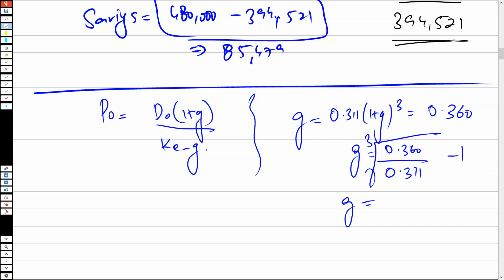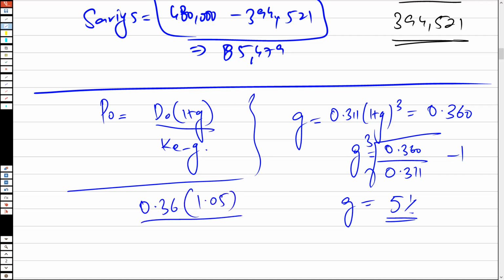4.99%, approximately 5%, right? So we have got the growth rate to be 5%. Now, what are you going to do? How do we calculate the share price? It's D naught, 0.36 multiplied by 1.05, divided by 12% minus 5%.